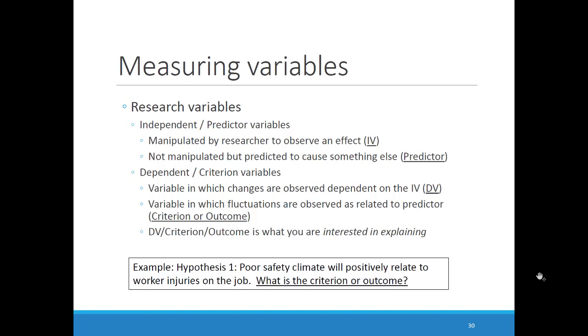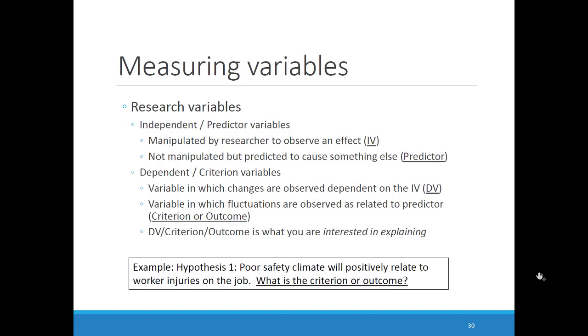Sometimes I use independent variable and predictor variable interchangeably when I'm talking about research studies. They are similar in that they are the thing that we're looking at to observe changes in something else. But if we manipulate it, it's the independent, and if we don't manipulate it, but we predict that it will cause something else or is related to something else, that's a predictor.